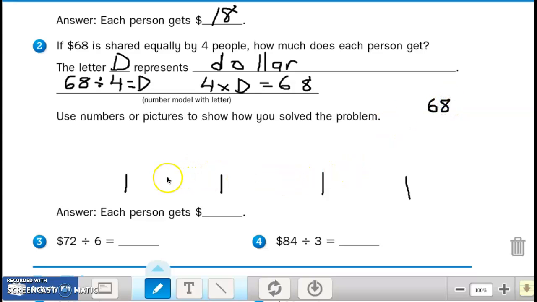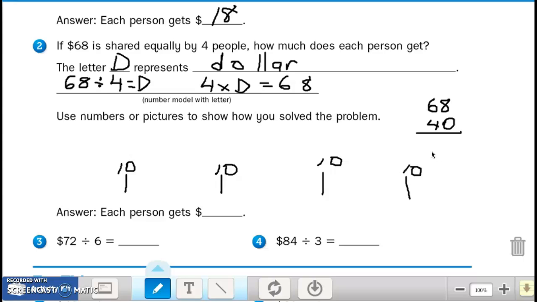So I'm going to give everybody $10. Here we go: 10, 20, 30, 40. I've got $40 now that I've given away, which means I have 28 left. But now I'm going to share. I've got 40 and I'm going to 68. So I'm going to put my tally marks so I know how many dollars each person gets.